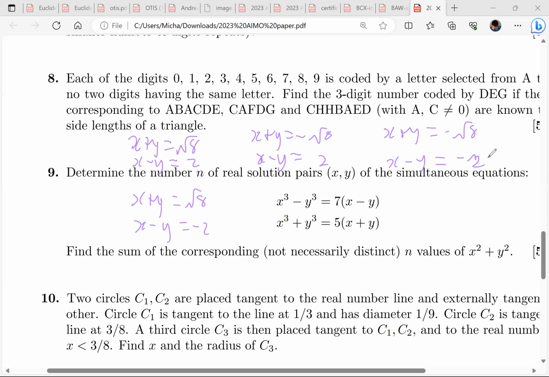So I guess the point is that now you can see that there should be 4 solutions from this, right?